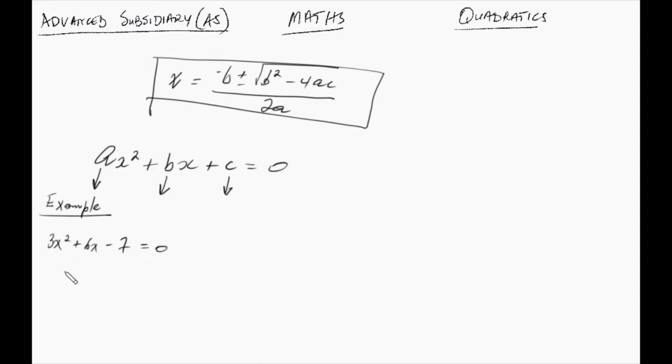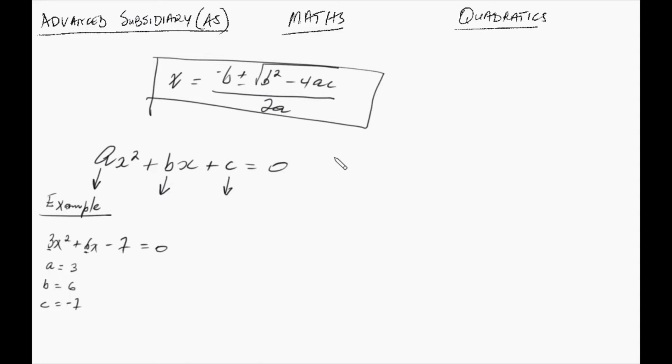What do you do? You must identify a, b, and c first. So our a is 3. Our b is positive 6. Our c is negative 7. That's basically what you do. You can't just use the quadratic formula without having identified these. Why do you identify them?